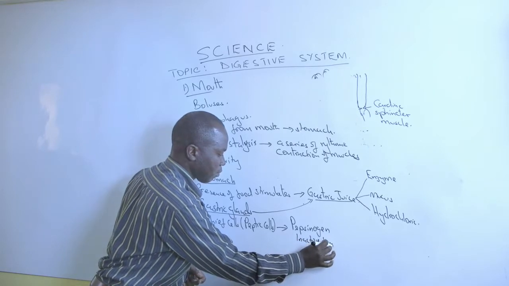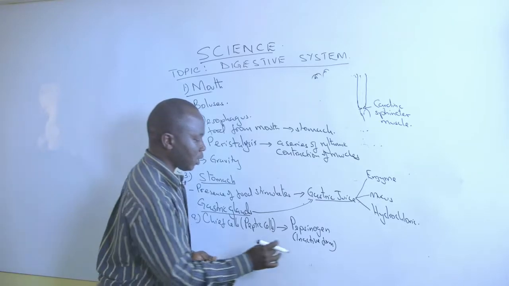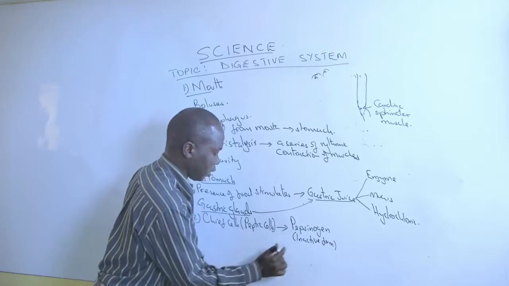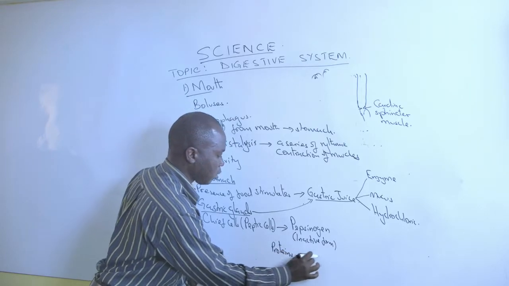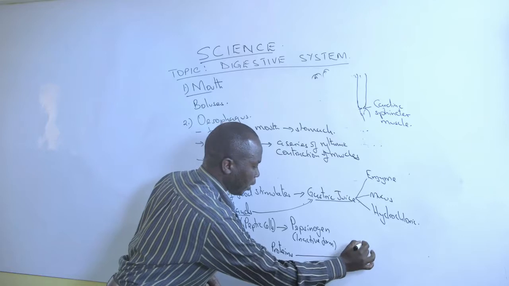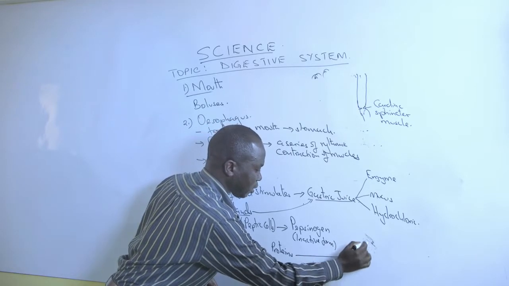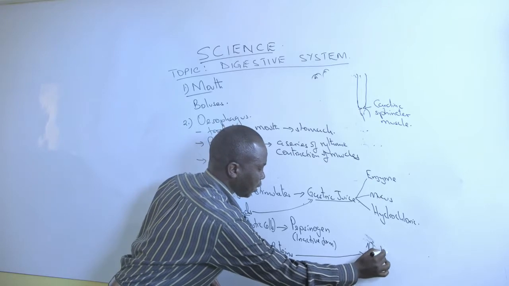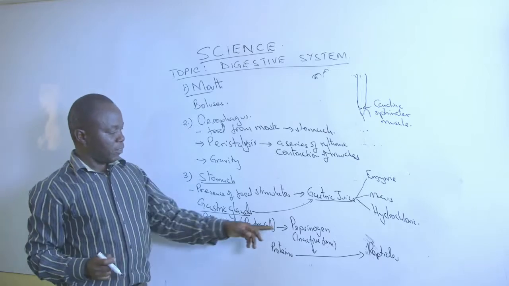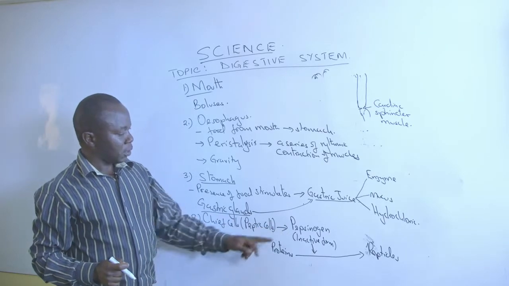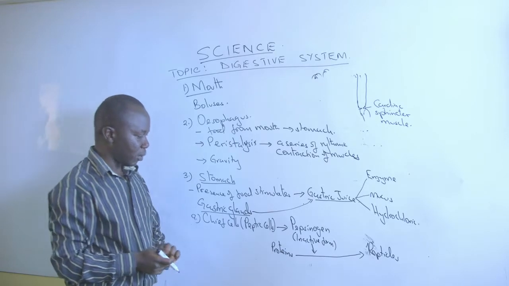The role of pepsinogen is to break down proteins into peptides. But before it acts on proteins, it will have to be converted into active form.